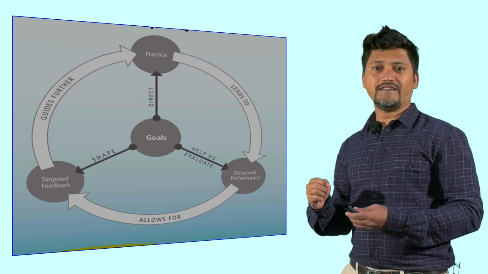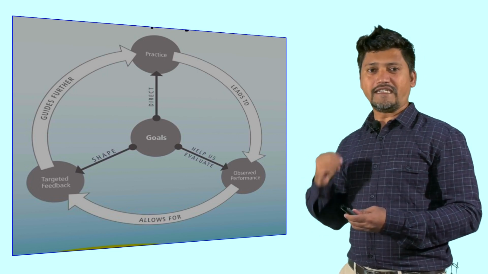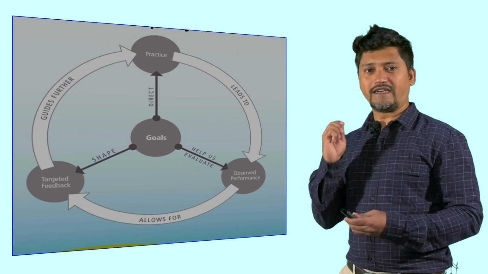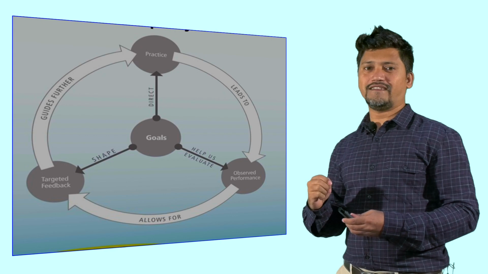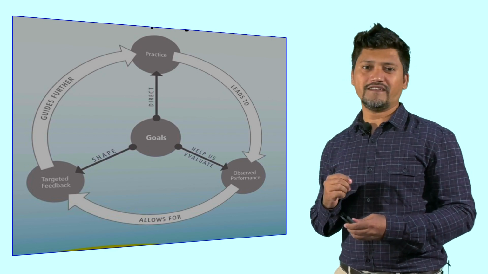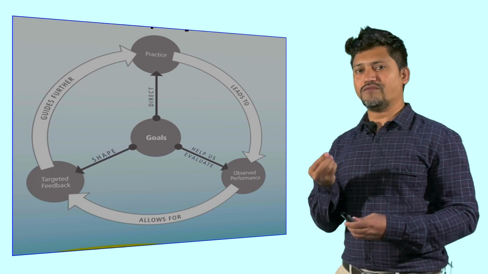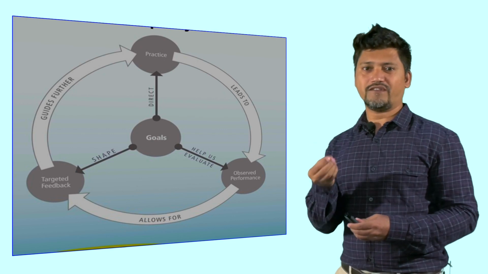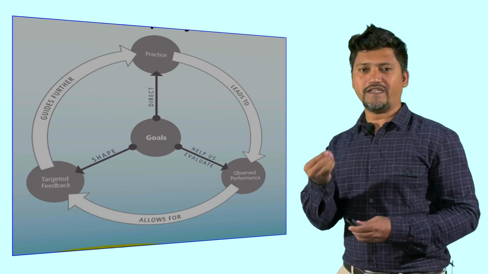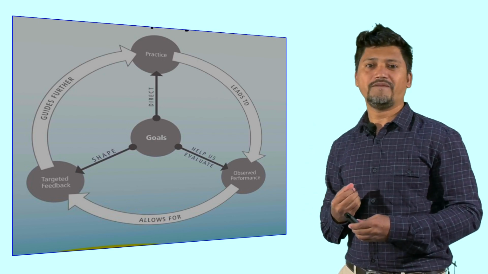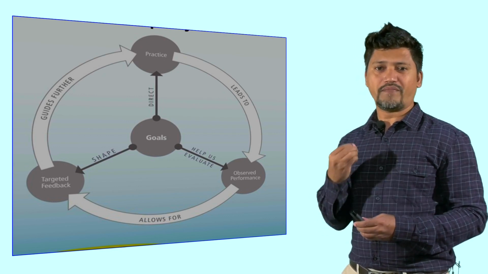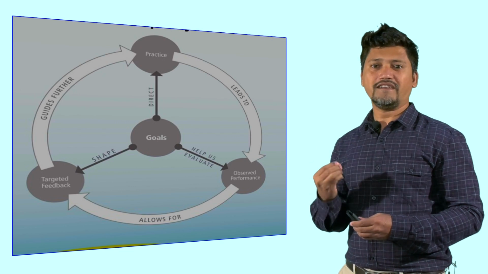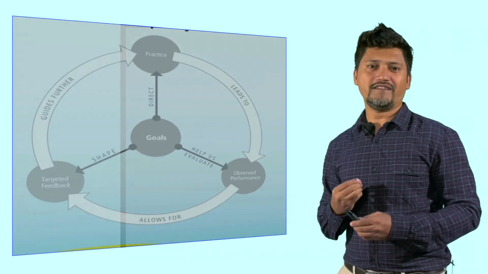While the learners are practicing, a teacher can always give targeted feedback, which will enhance the understanding of the learner, and the learner will be able to grasp the subject or area for which the learner is making an attempt. So it becomes very important that we promote practice by giving such targeted feedback to our learners.